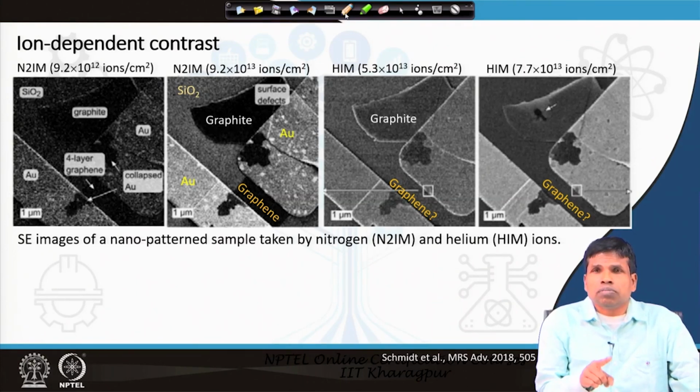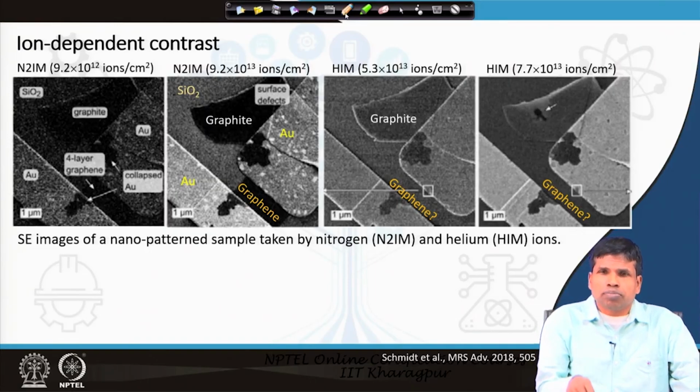Again, the ratio of SE1 to SE2 is much higher with the helium ion microscope, because more SE1 are generated, and SE1s are generated from where the incident beam strikes.